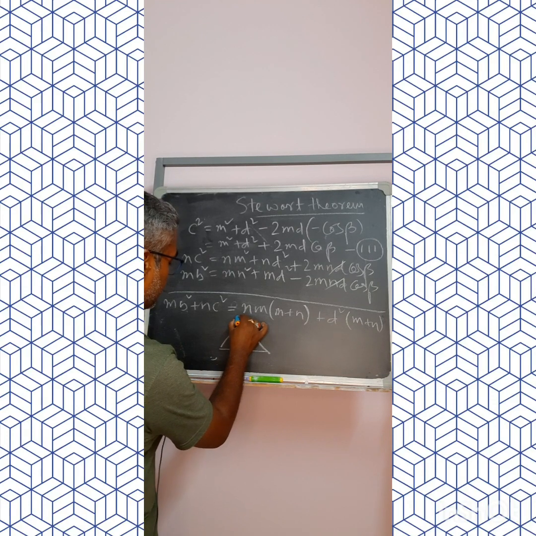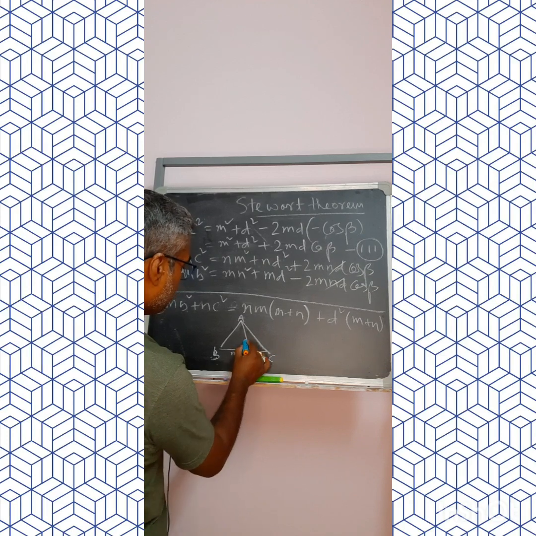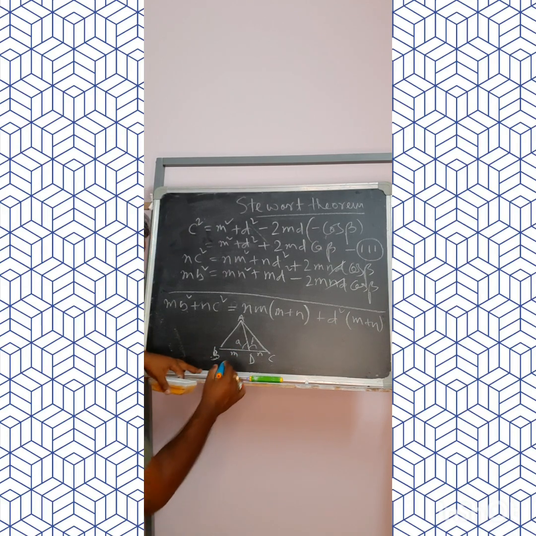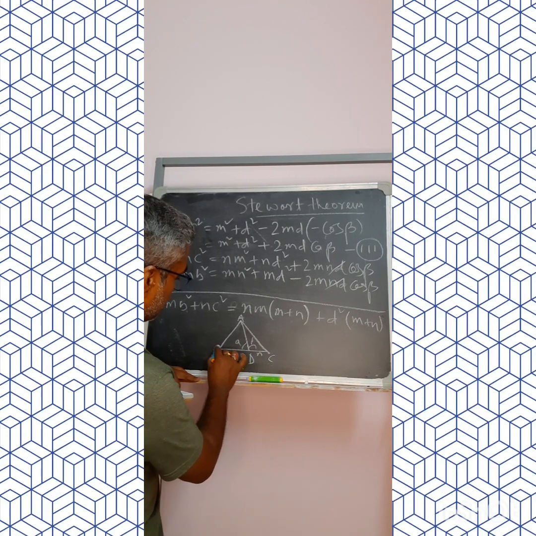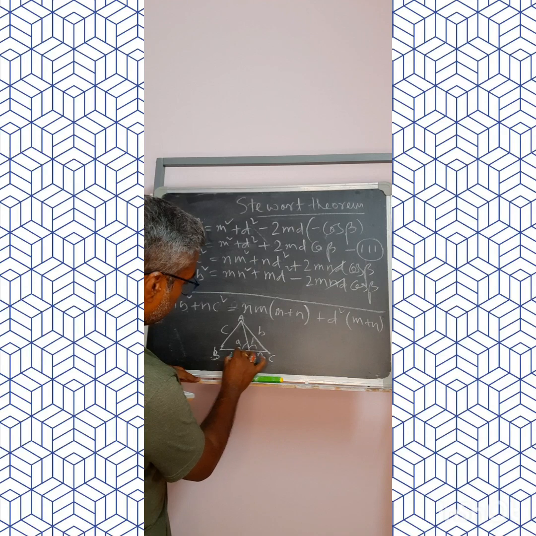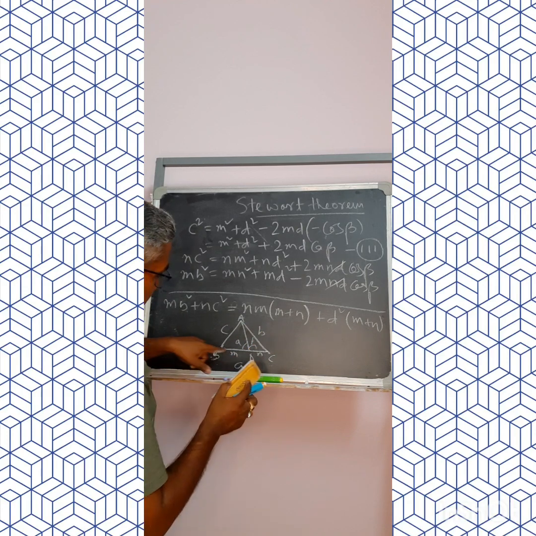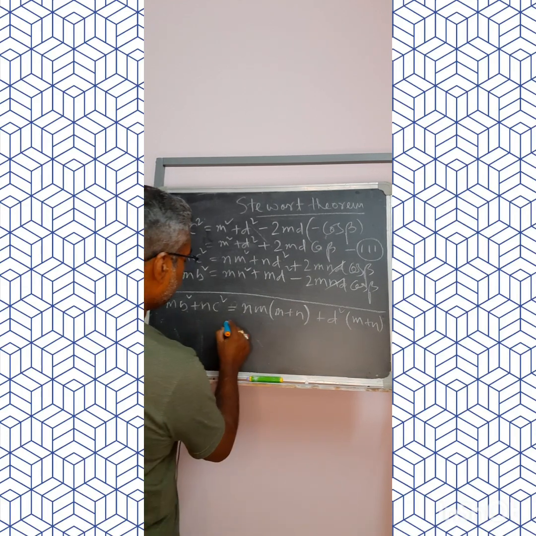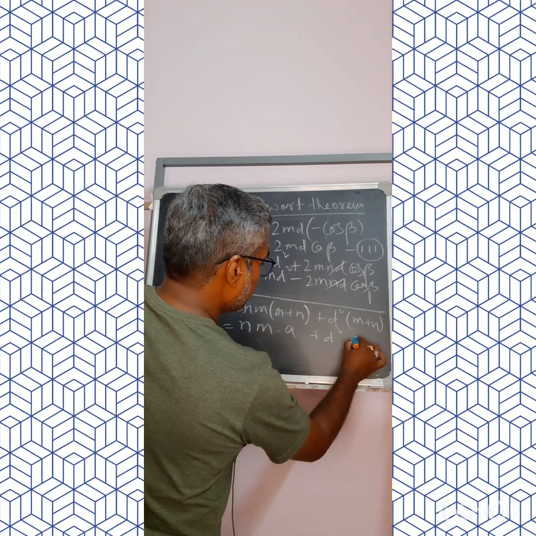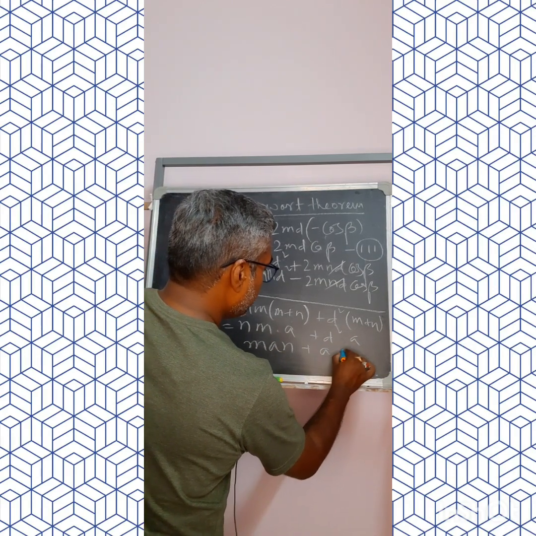This is A, B, C, D, this m, n, alpha, beta, this way. Just to make you understand, I have written the total length as a, here b, here c. Now m plus n is nothing but the total length a. So if I replace m plus n by a, it gives n m a, here also d square a. So this gives m b square plus n c square equals a times m n plus a d square.